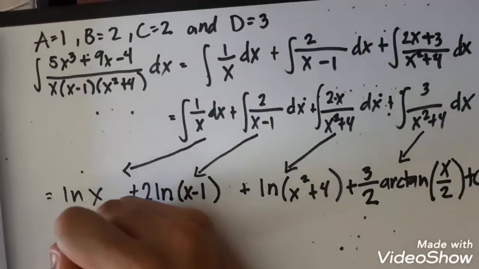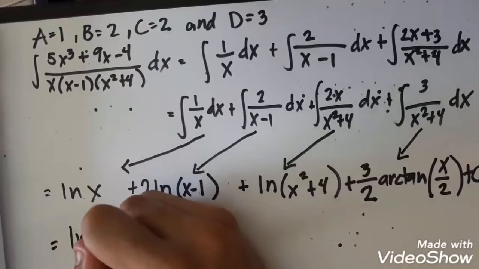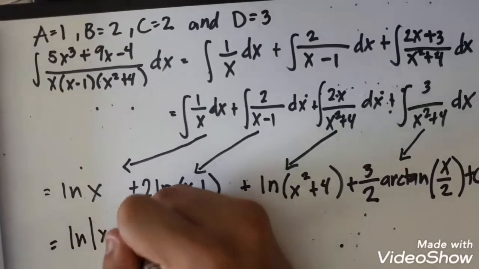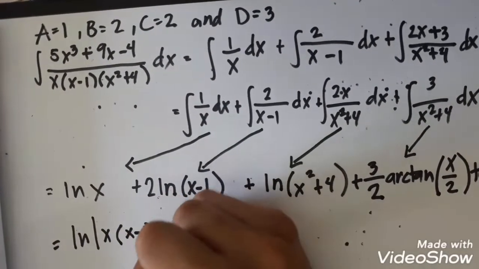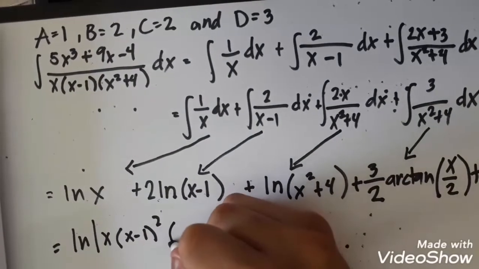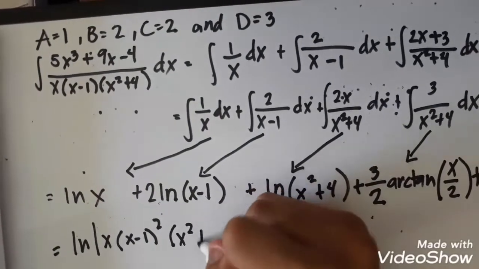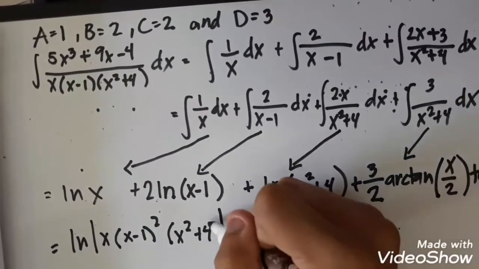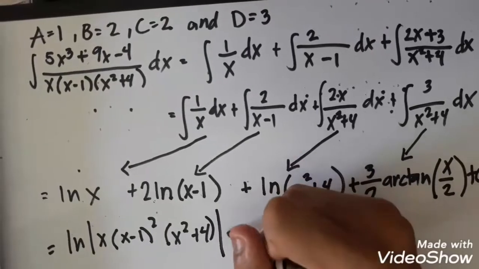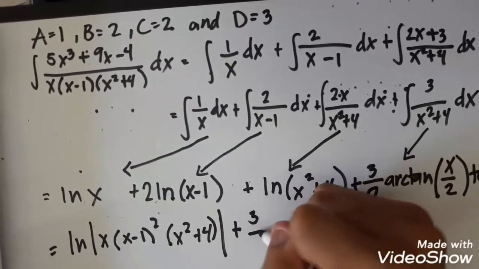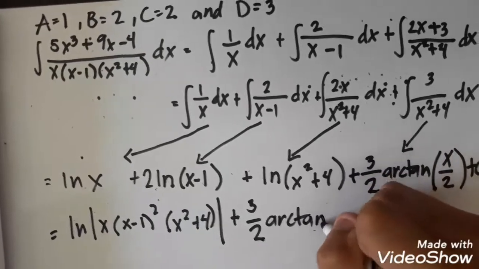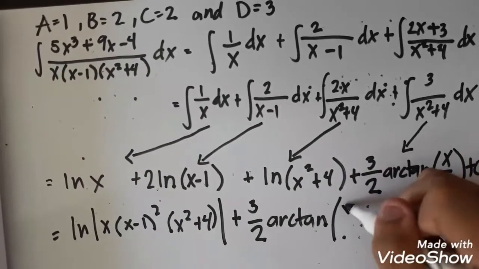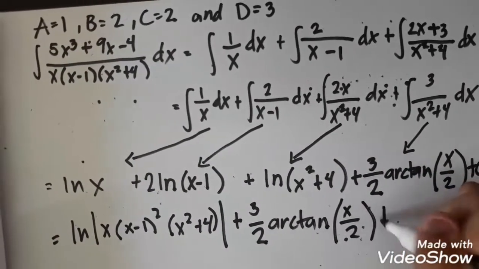You can also answer ln of x times x minus 1 squared times x squared plus 4, plus 3 halves arctan x over 2 plus c.